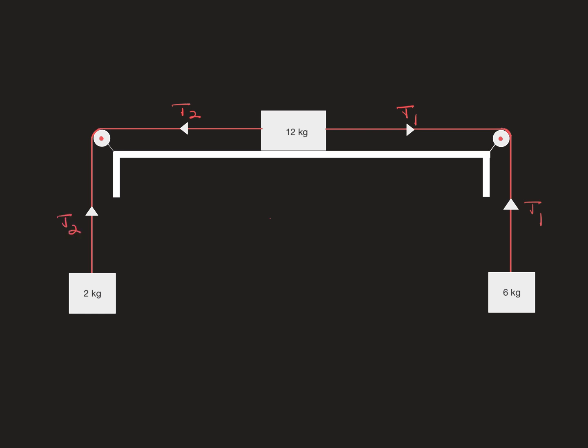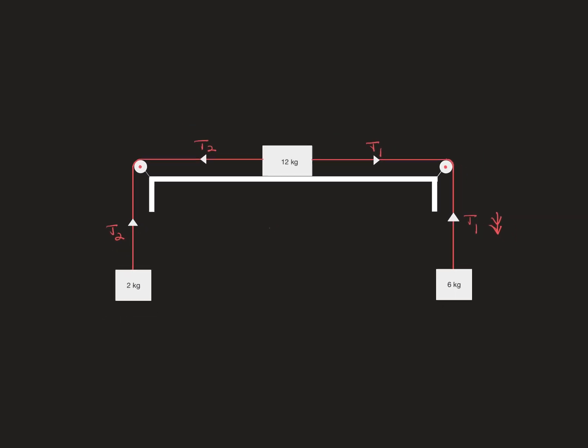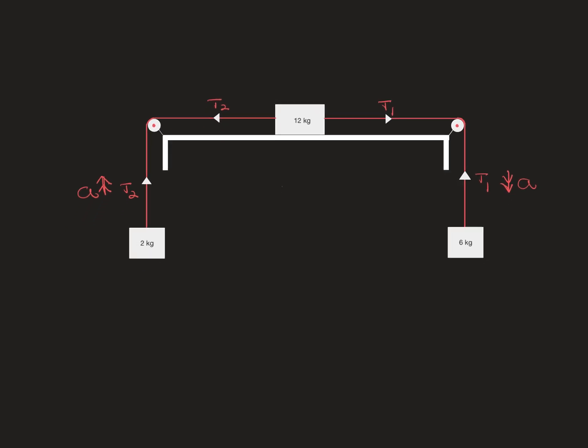What we need to understand here is, if this system is released from rest, if there has to be acceleration, then the 6 kilogram mass is going to accelerate downwards, while the 2 kilogram mass is going to accelerate upwards. This is how motion will take place. So we can start solving the problem.